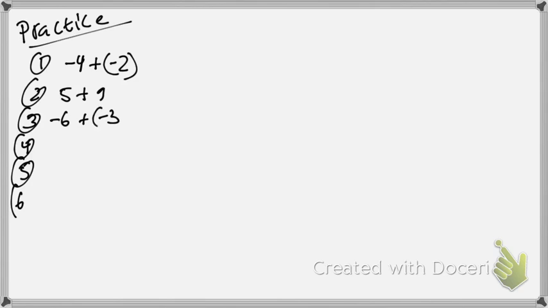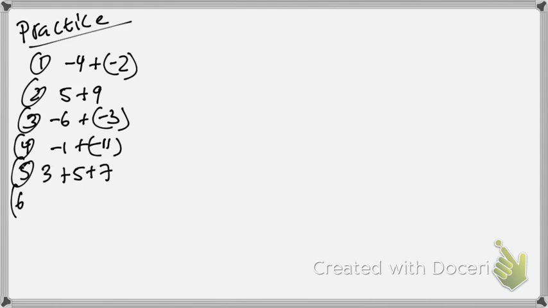Underneath where you just wrote, you're going to write practice. We'll do 1, 2, 3, 4, 5, and 6. I'm going to fix some of these numbers, make it a little bit neater.